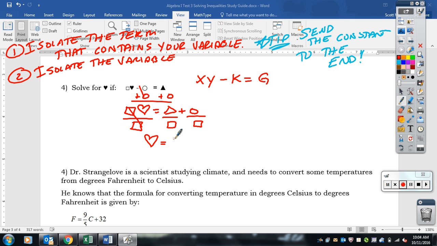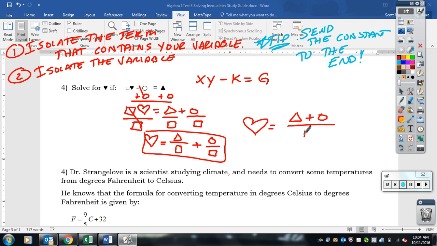And we would have heart equals triangle over square plus circle over square. We also would accept heart equals triangle plus circle, all divided by square. Either one of these would be acceptable answers.